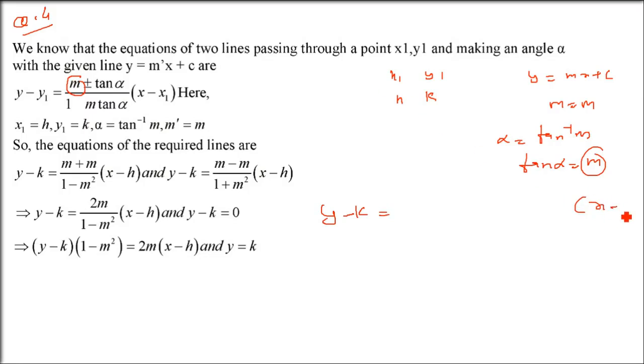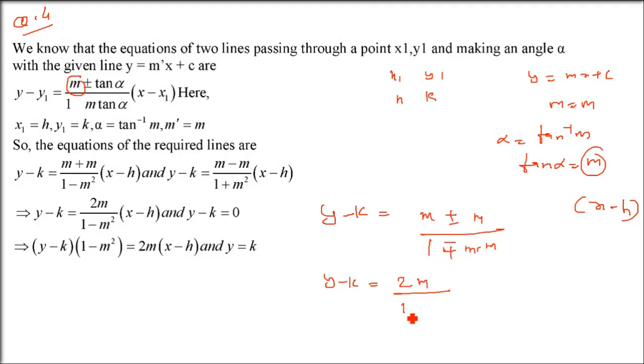So y minus k, x minus h here, and you have m, that is m, both sides: m plus minus m divided by 1 minus plus. If you take plus up, you take negative down. So y minus k equals, you see, if you take negative, it will be 0.